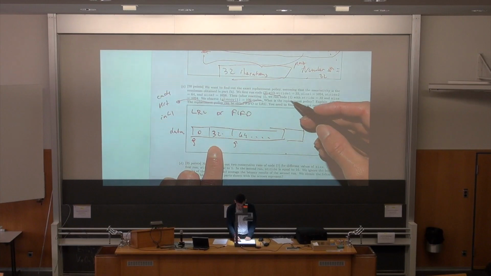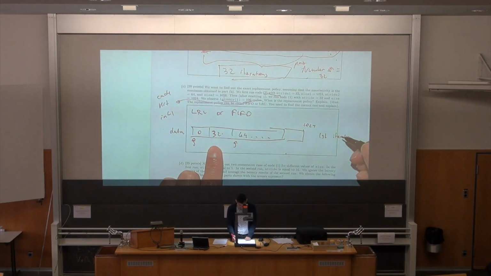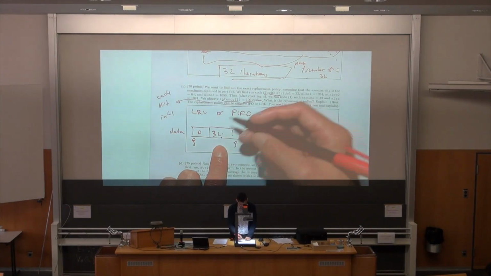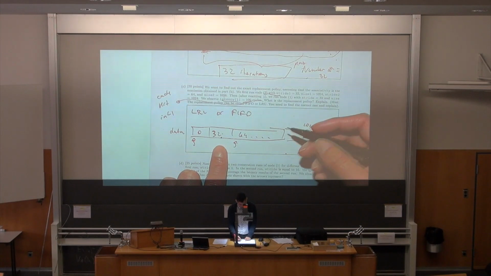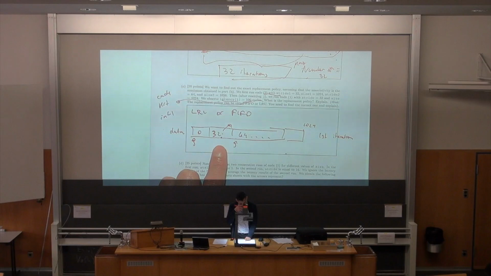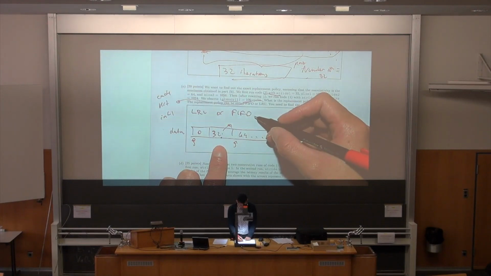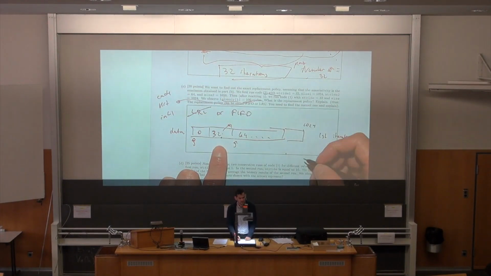So when I run the second code, I got back to accessing at a stride 32, but I got a cache hit when I tried to access the second element. So this element here was not replaced, even though it was not the most recently used. So the policy cannot be LRU in this case. It needs to be FIFO.